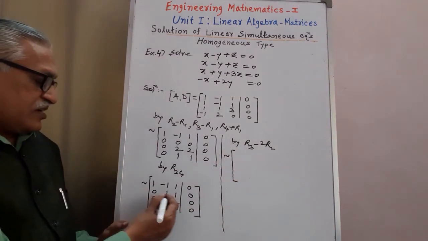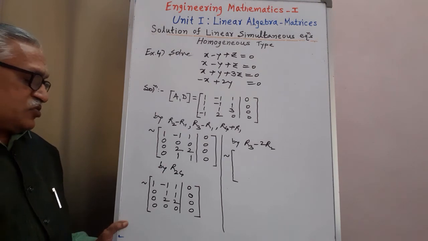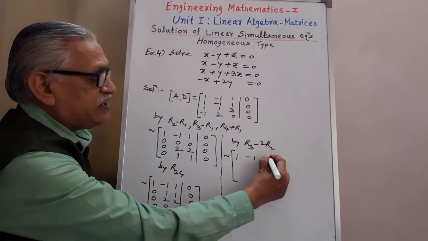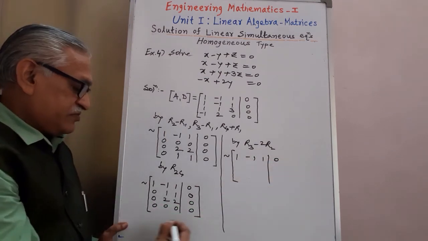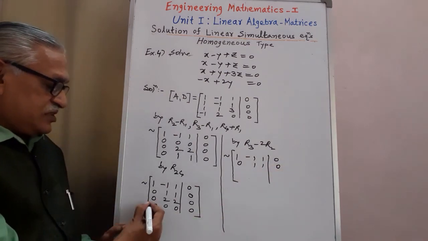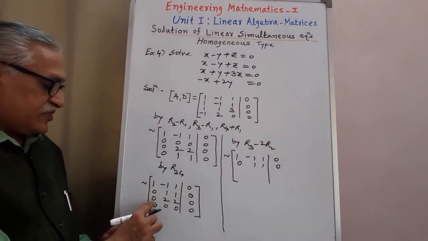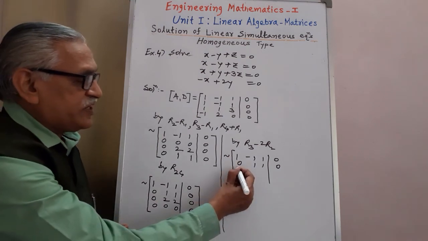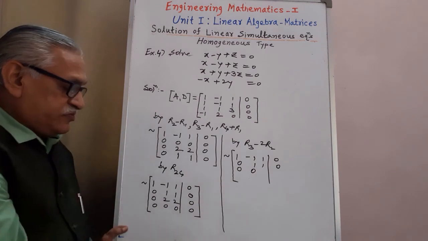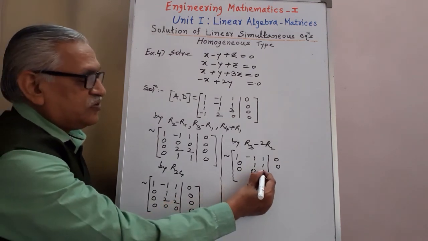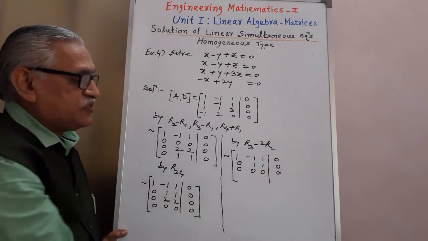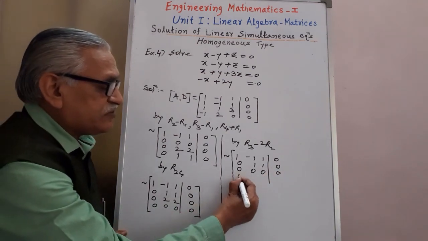We get first 2 rows no change, 1, minus 1, 1, 0, 0, 1, 1, 0. Then applying this, 0 minus 2 times 0 we get 0 here, 2 minus 2 times 1, 2 minus 2 we get 0. Again 2 minus 2, we get 0. And 0 minus 2 times 0, 0.